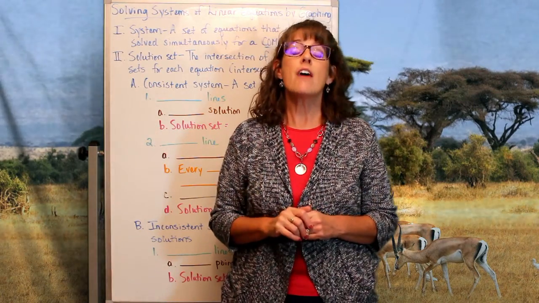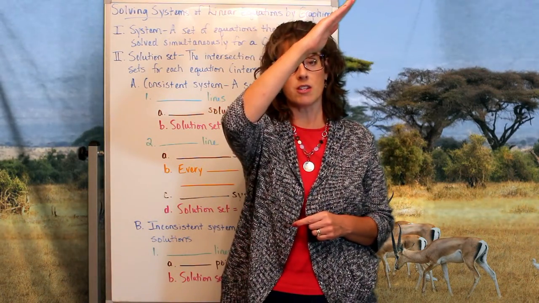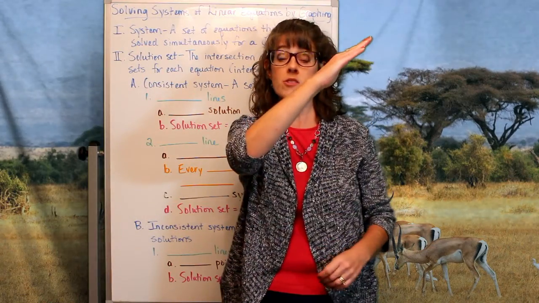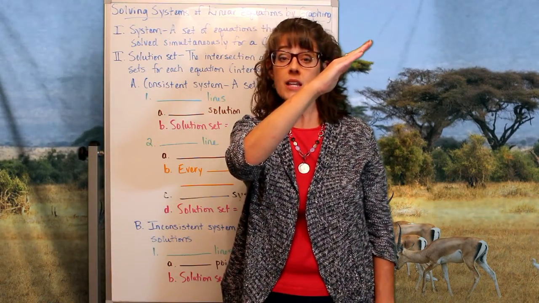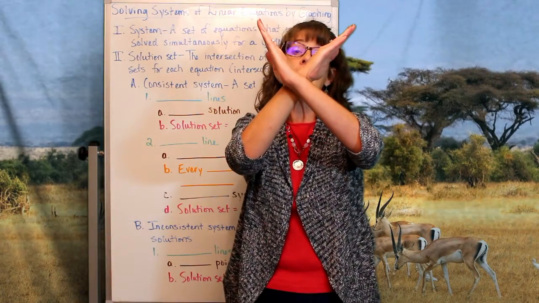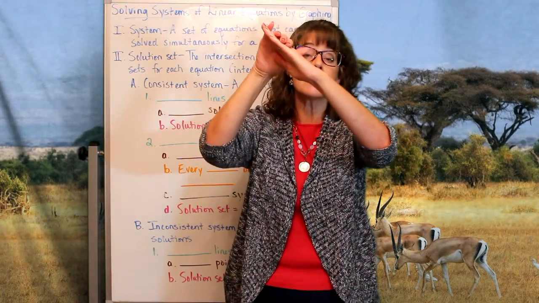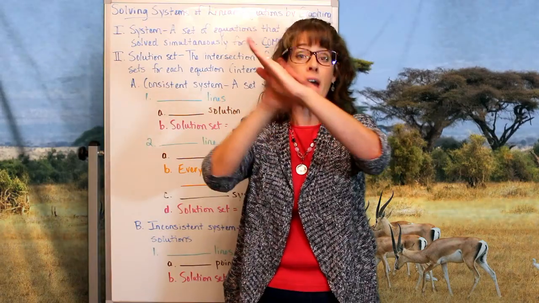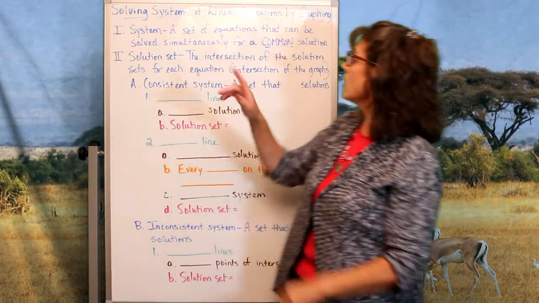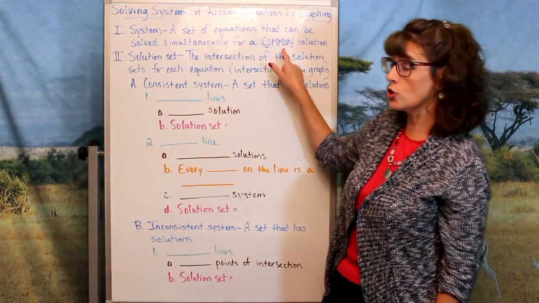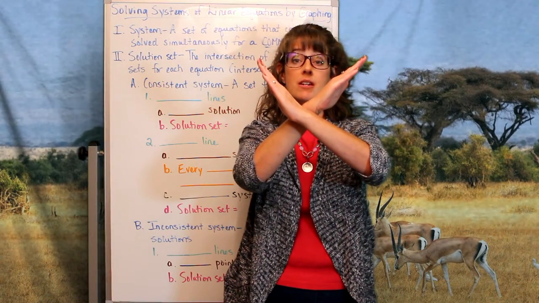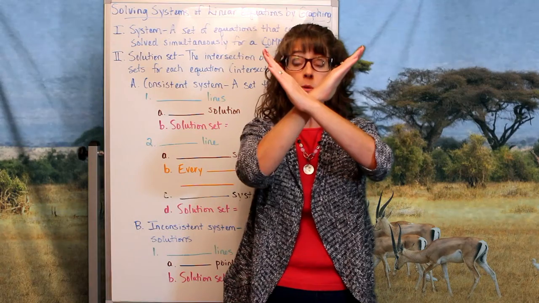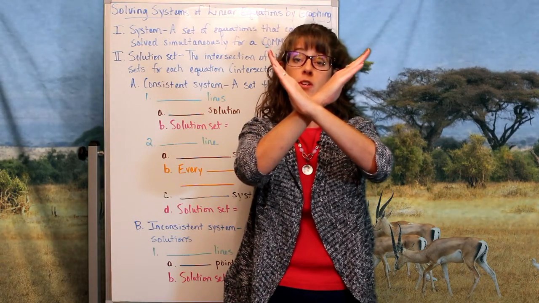If I graph one line and it looks like this, and everything on that line is a solution to that equation, and then I graph a second line and it sits like this, and everything on this line is a solution to that equation, and I am looking for the common solution, then where's the common solution going to sit? Yes, right here where my wrists are, because that's the point of intersection.